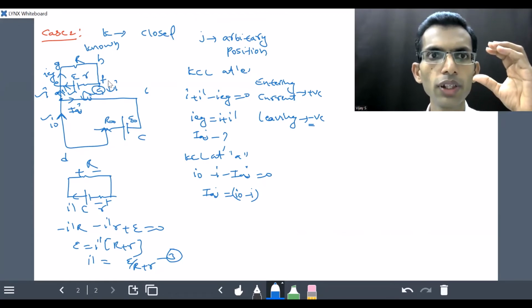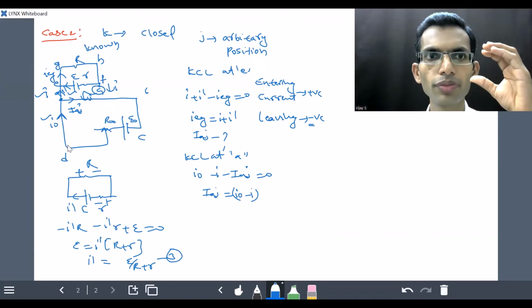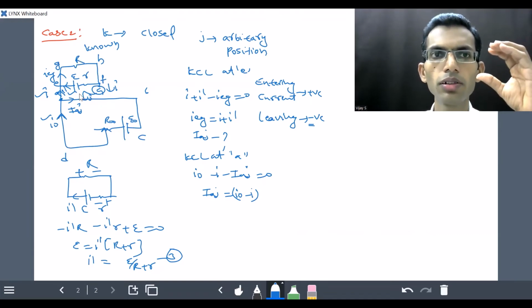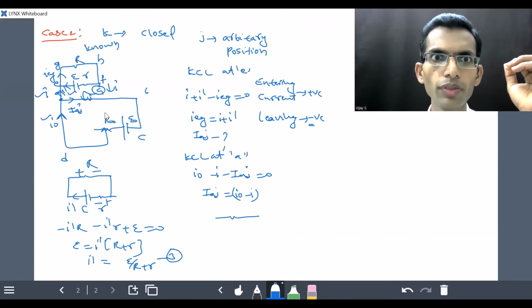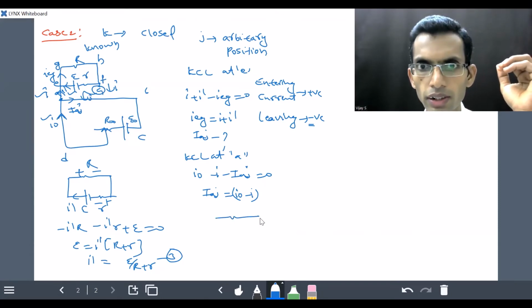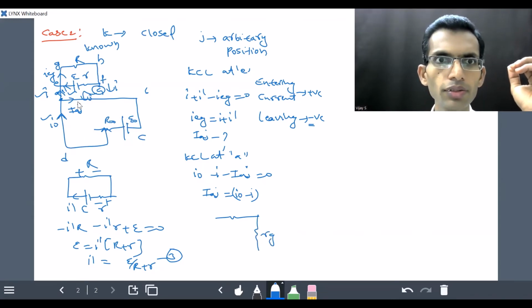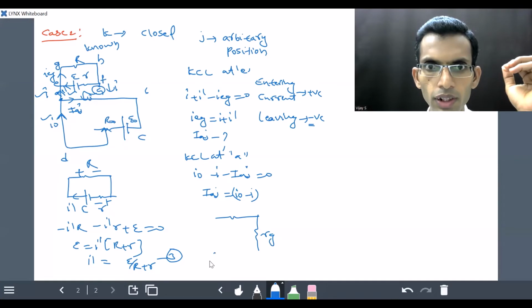Okay, so to make things clear, let me draw the circuit again. Yeah, here you can see. Here, let us say RG is the resistance of the galvanometer, and between A and J, what is there? Wire is there. Let us say RAJ is the resistance of the wire.